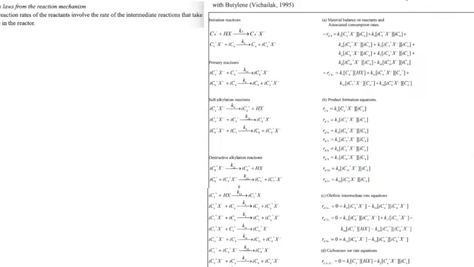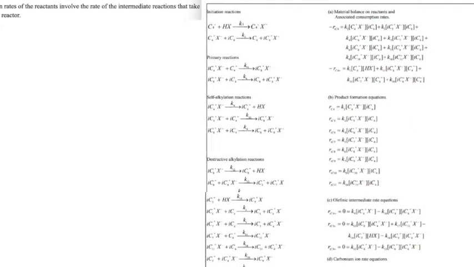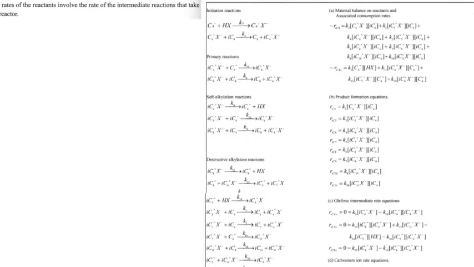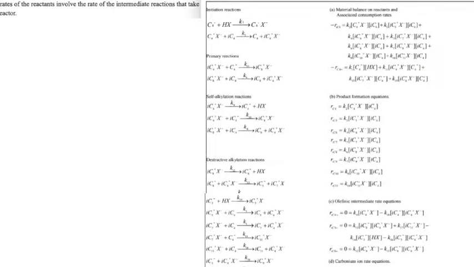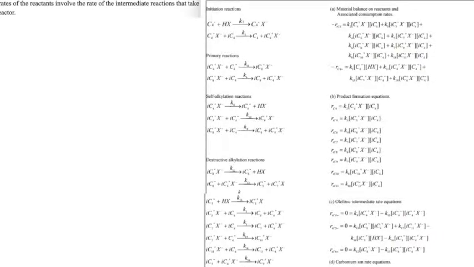These are classified as the initiation rate, the primary reaction rates, the self-alkylation reaction rates, and the destructive alkylation reaction rates. Generally, the reaction rate used is the one for the slowest reaction. That is also unknown data.